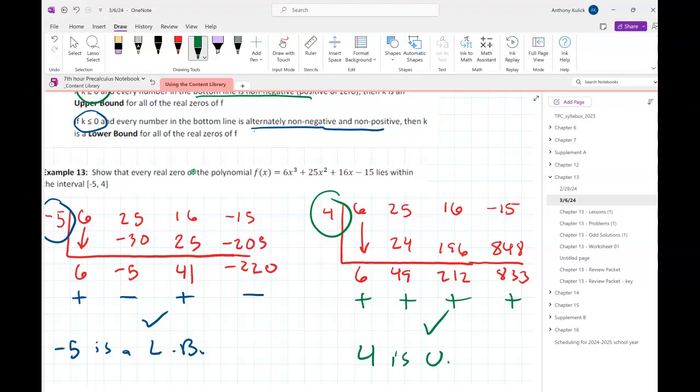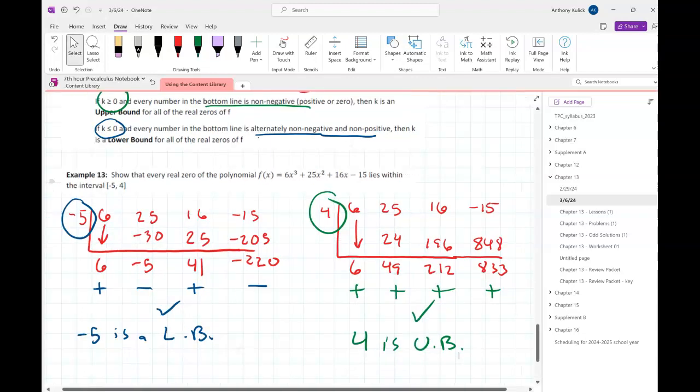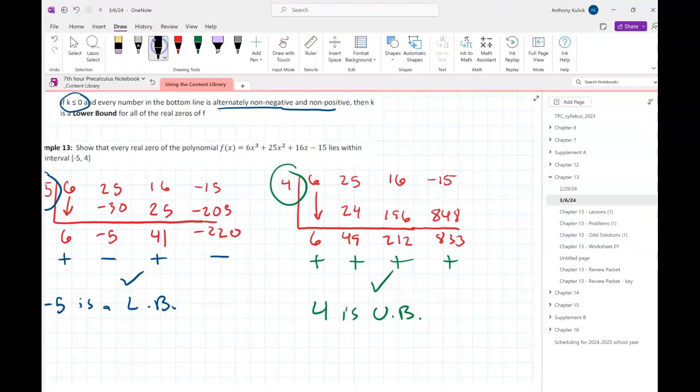So I know 4 is an upper bound. So I know any rational zeros that I might want to use for synthetic division would have to be between -5 and +4. So anything on my list of possible rational zeros that was bigger than 4 or smaller than -5, I could discard immediately just from this analysis. Does that feel okay? It's something, right?